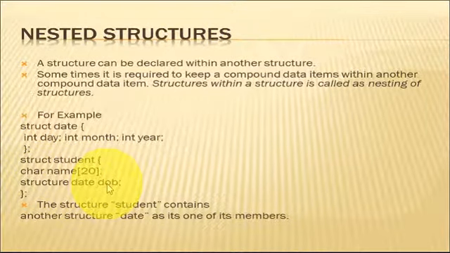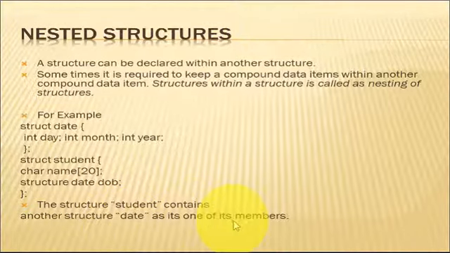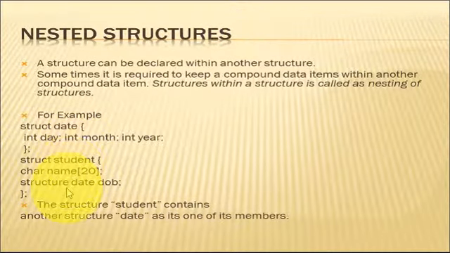So this dob is a structure variable of data type date. After that we close the curly braces. So the structure student contains another structure, date, as one of its members.